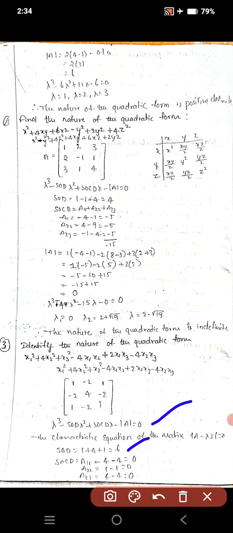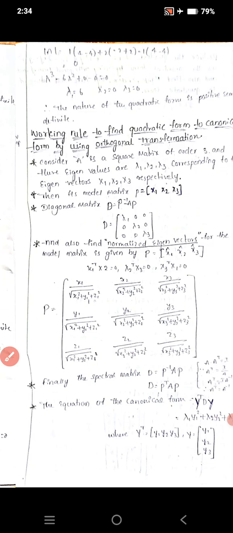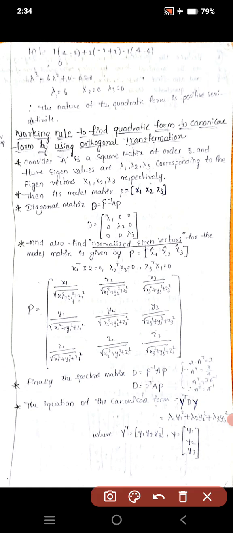Sum of the diagonals is 1 plus 4 plus 1, which is 6. Sum of the cofactors a11, a22, a33 we will get as answer. Next determinant value is 0. So the equation is lambda cube minus 6 lambda square plus 0 plus 0. From this we get lambda 1 equal to 6, lambda 2 equal to 0, lambda 3 also equal to 0.